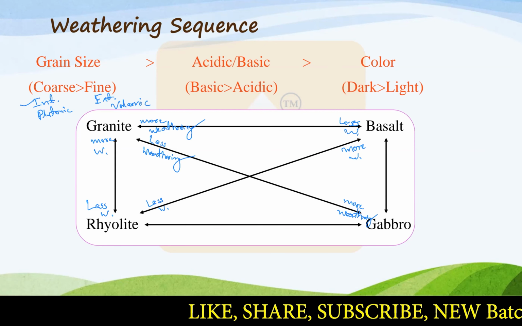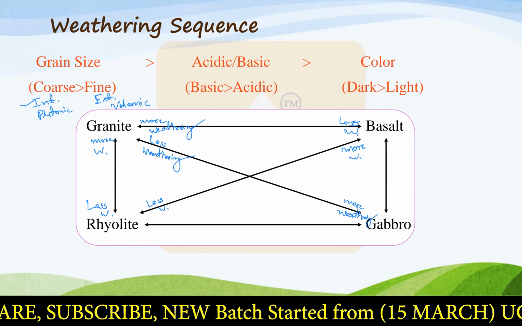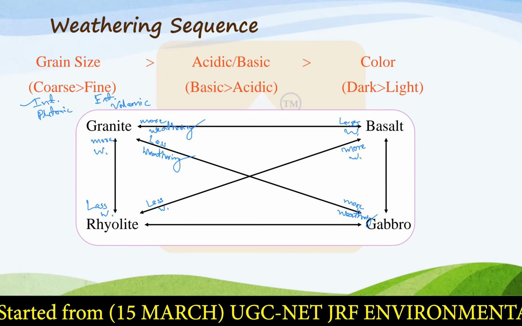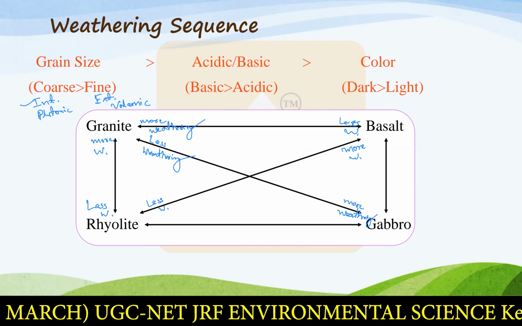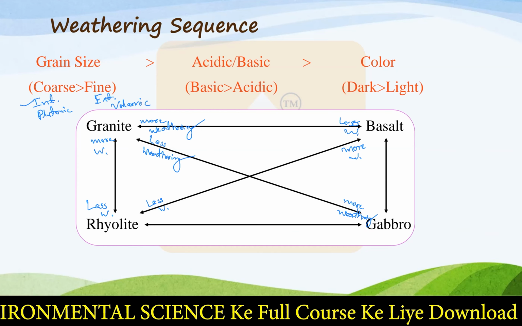Rhyolite and gabbro, it will be solved with the help of grain size, because gabbro here is the intrusive rock, or that is a coarse grain, while the rhyolite is our extrusive rock.